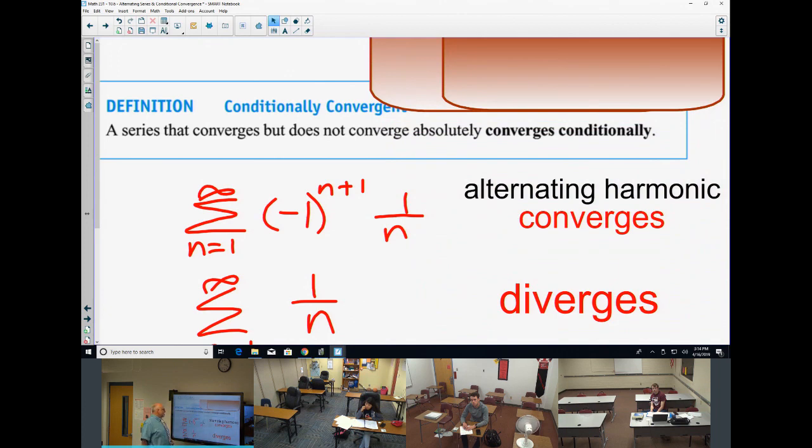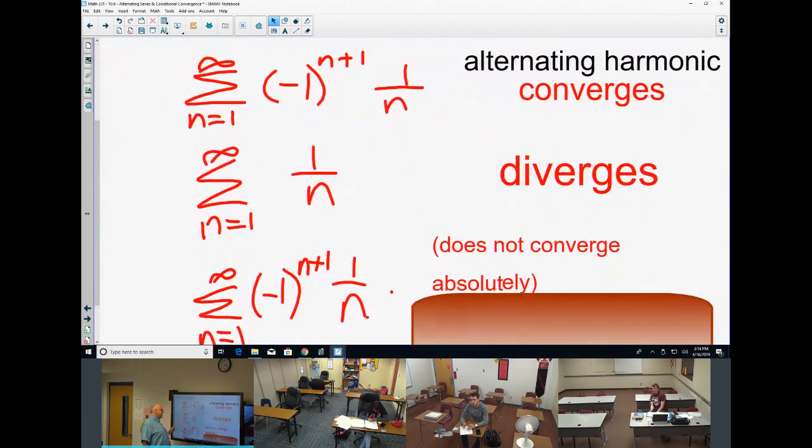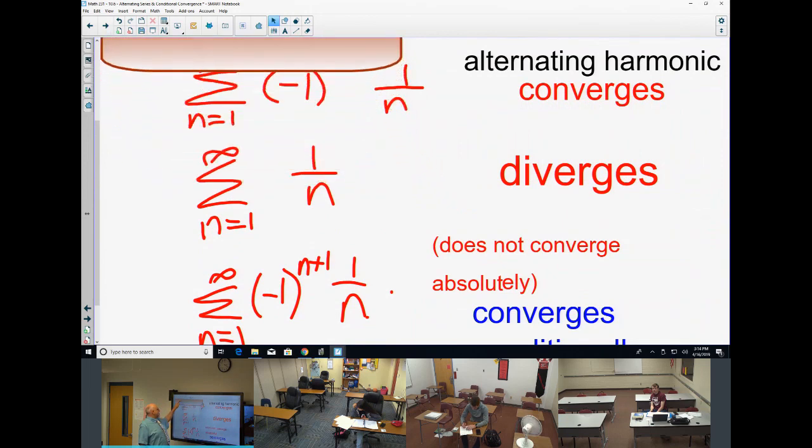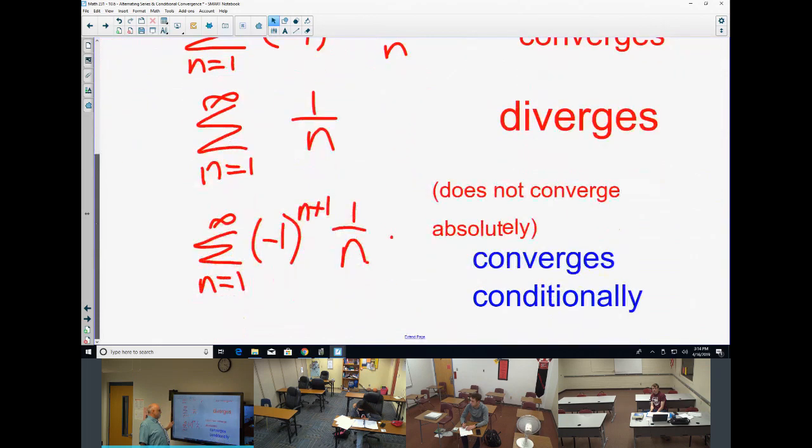So this alternating series converges, but not absolutely. Its absolute value doesn't converge. So we say that this converges conditionally.